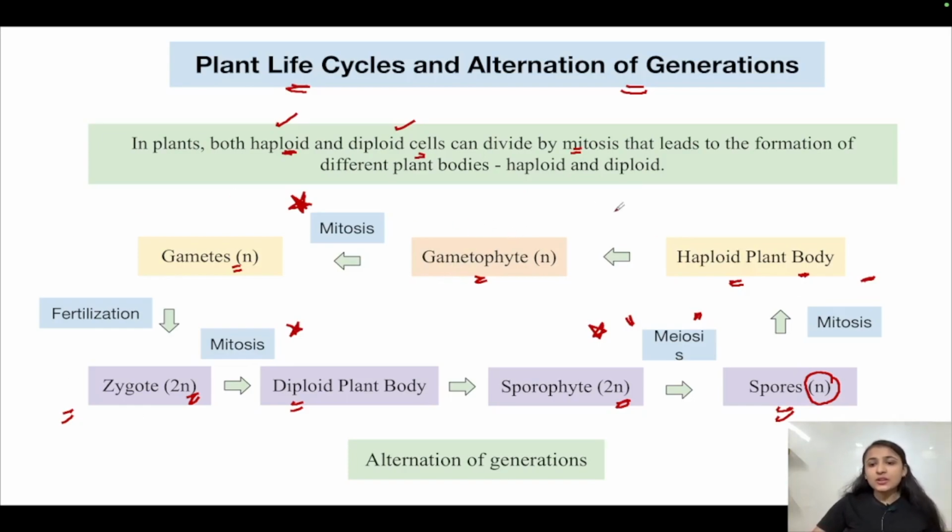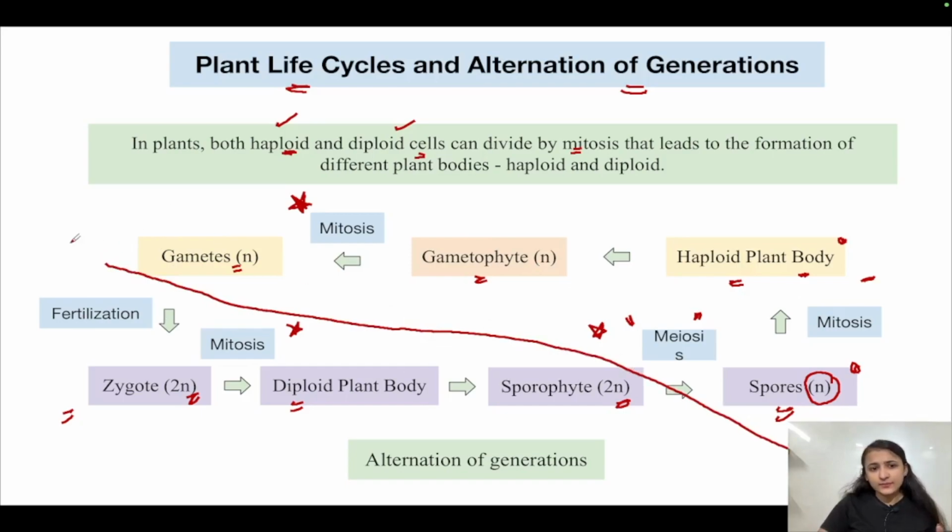So this is how the generations alternate. This spore box should also be in the same color as this one, but mistakenly I did not change its color. It should be yellow. It is my mistake. So you can see here two generations are present, generation number 1 and generation number 2.